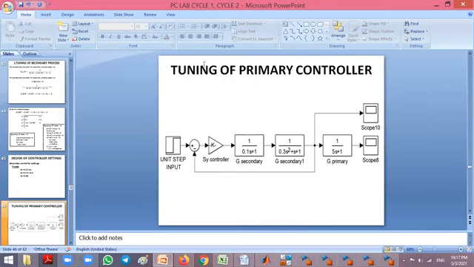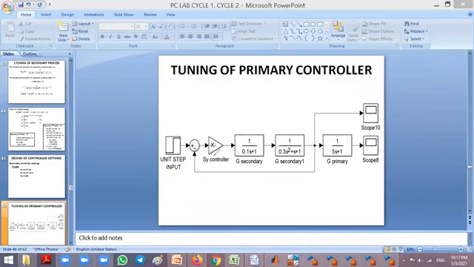See this here, this is the secondary loop with feedback. Clear? So 0.1s plus 1 into 0.13s square plus s plus 1. It is given by a proportional controller.